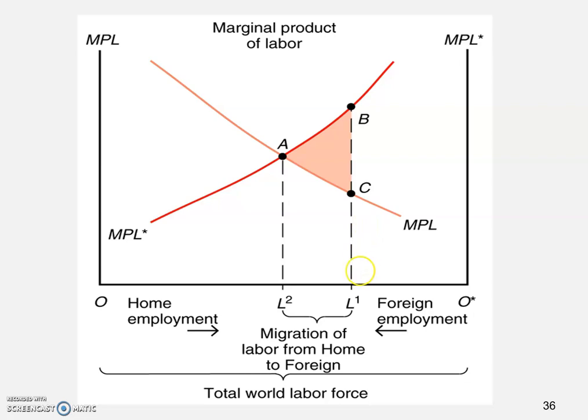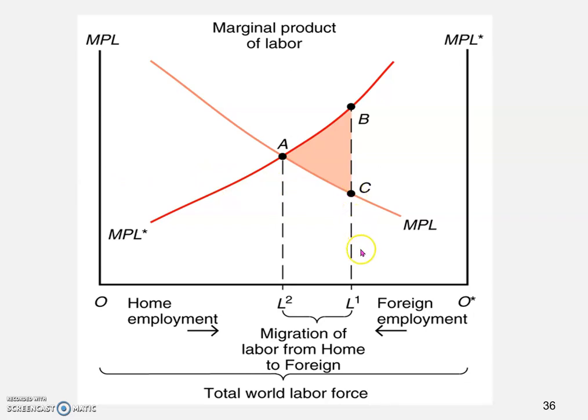And then we said that at the beginning, the two economies are isolated from each other, so there's no labor movement allowed. And then what we find is in home, if you go up from L1 and hit home's MPL curve, then you get point C here. If you go to the left, that shows us the real wage in home.